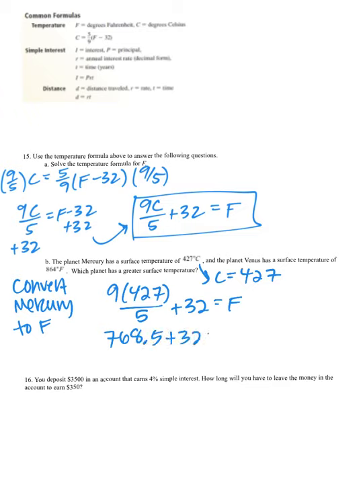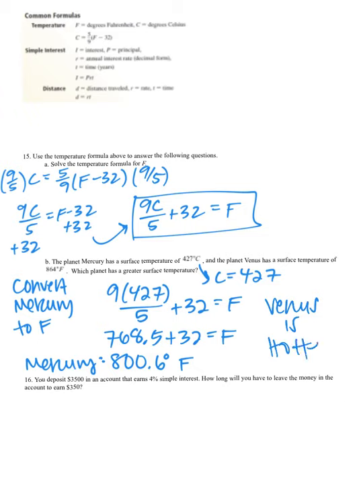And then I get that Mercury is about 800.6 degrees Fahrenheit. So I can use that to answer the question, which one's hotter? Well, I know that Venus's temperature is 864, Mercury is 800, so Venus is hotter.